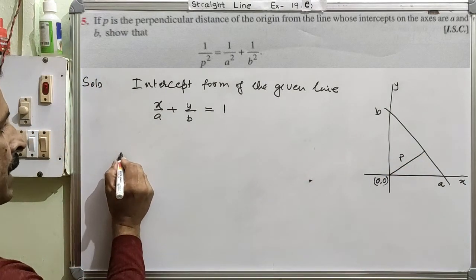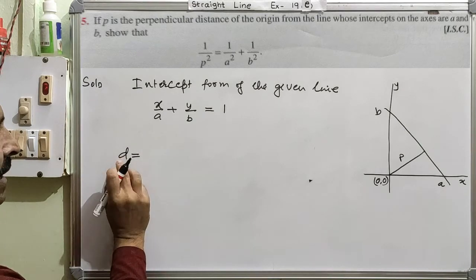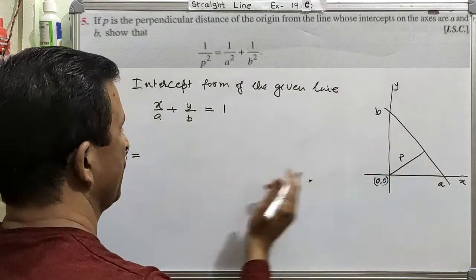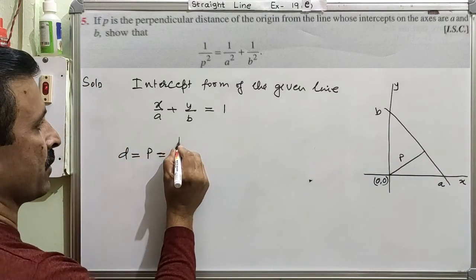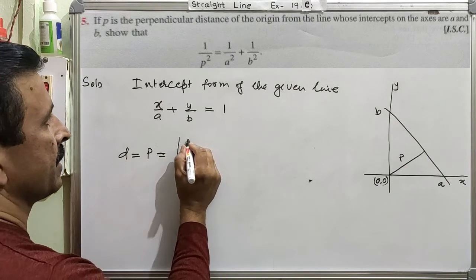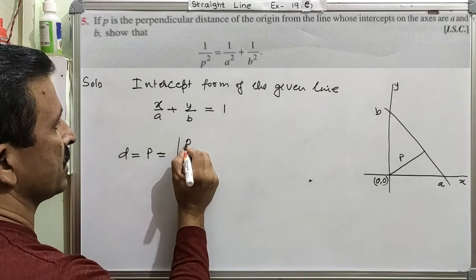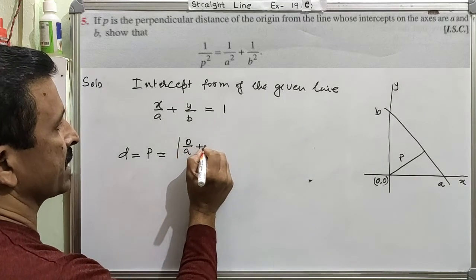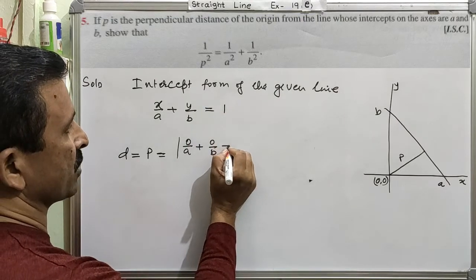So you know the formula for D, the perpendicular distance. The perpendicular distance is given as P, equal to the absolute value of x, which is 0, so 0 over A plus 0 over B, and the 1 will come to the left hand side, so it becomes minus 1.